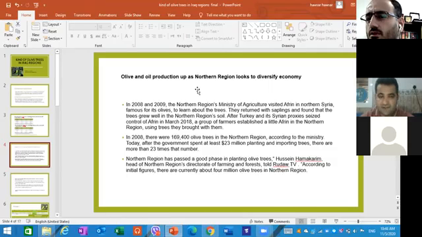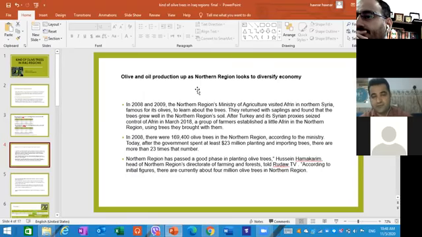After the decrease of the price of petrol, it was very bad for Iraq, and the government tried to find other ways to diversify the economy, for example, depending on agriculture and tourism and other sectors.